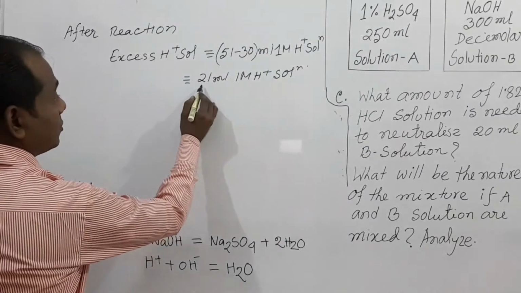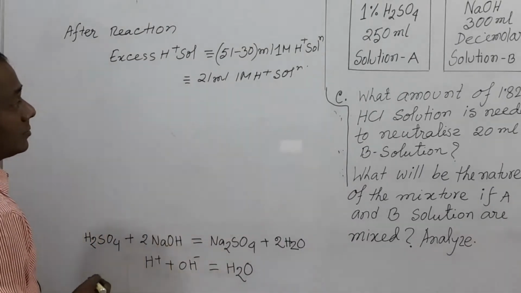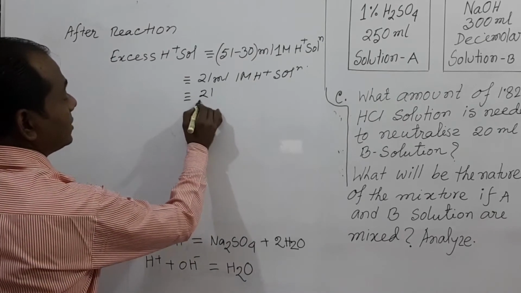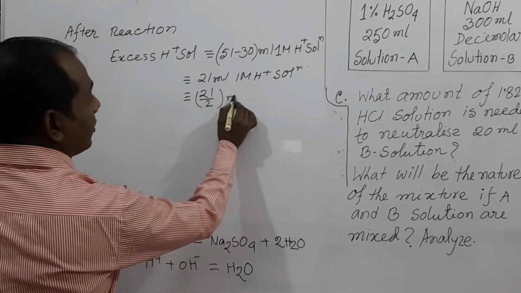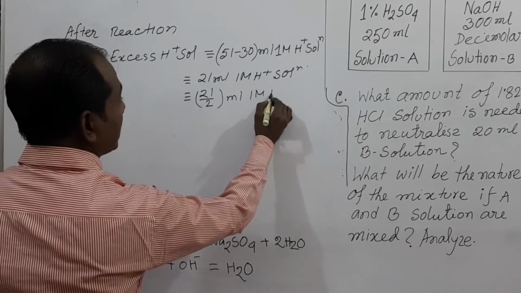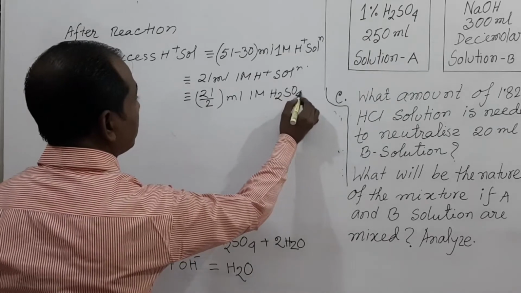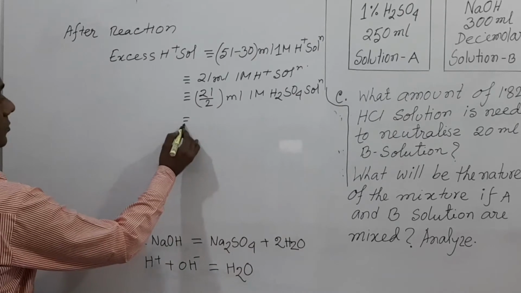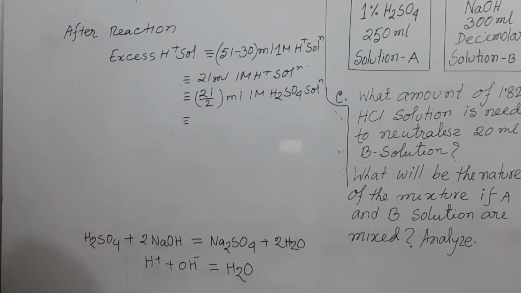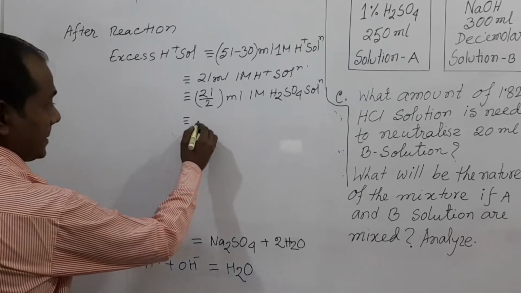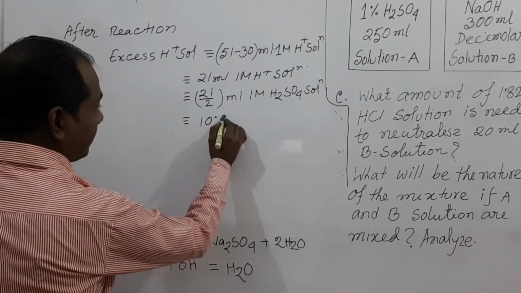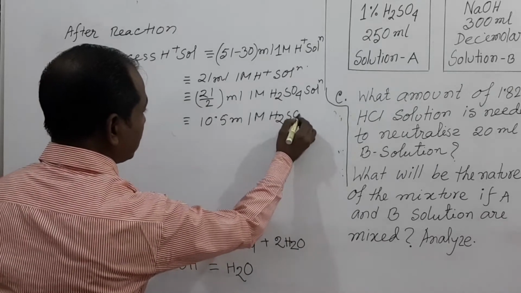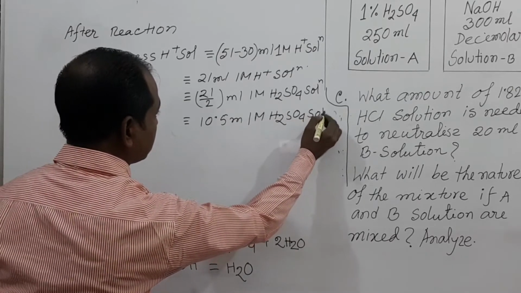And to convert this H plus solution again in sulfuric acid solution, we have to divide this 21 by 2. That means 21 divided by 2 ml 1 molar H2SO4 solution, and we get the answer is 10.5 ml 1 molar H2SO4 solution.